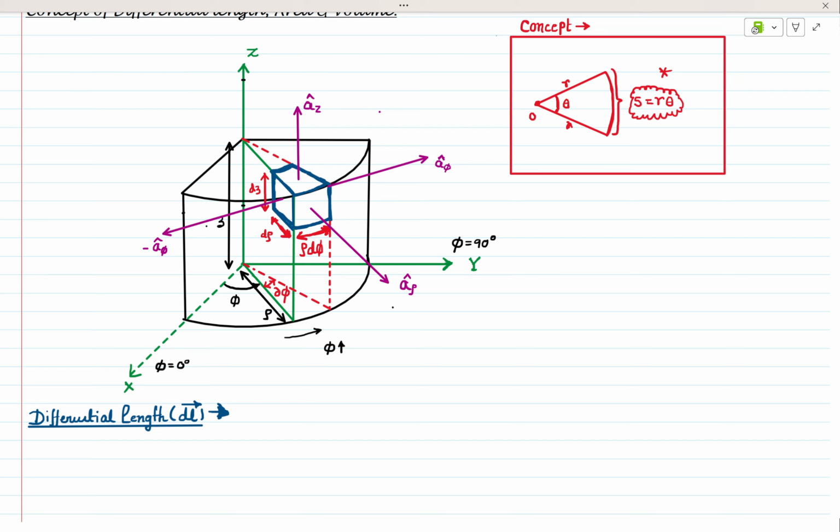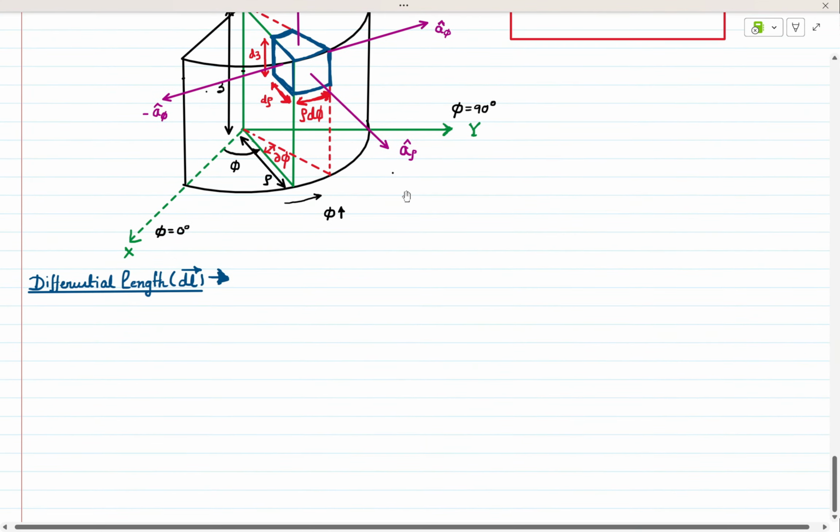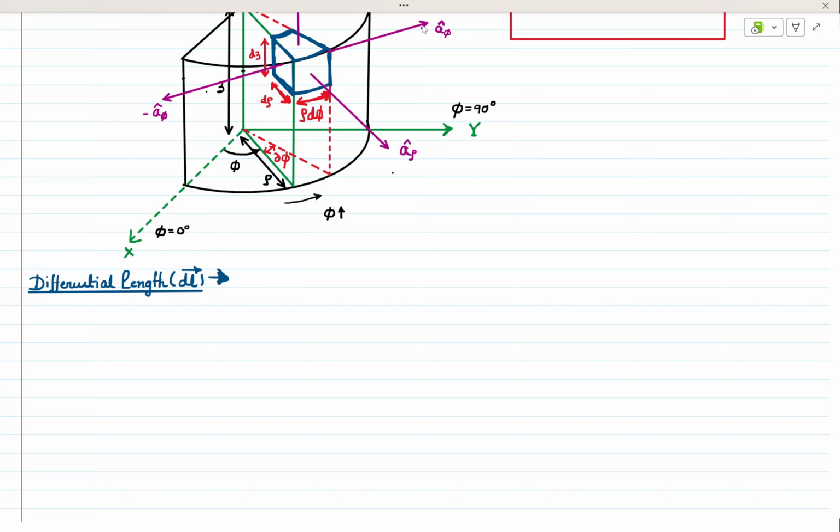Now we can discuss the differential length, because we have all these three directions: a rho, a phi and az. So let us now discuss what the differential length is along the directions of rho, phi and z.